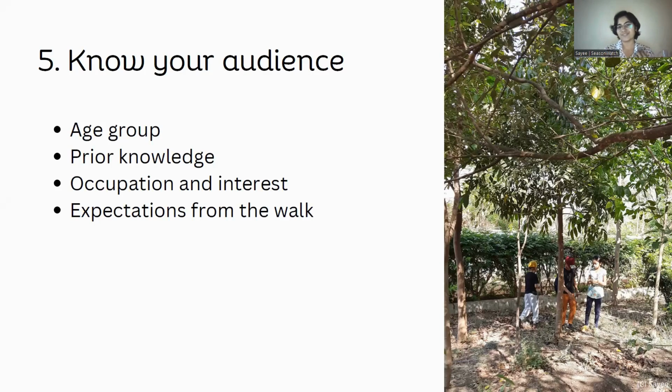So it has to be engaging and cater to all sorts of age groups and people, with whatever information they come with. That just helps you make your session most effective.